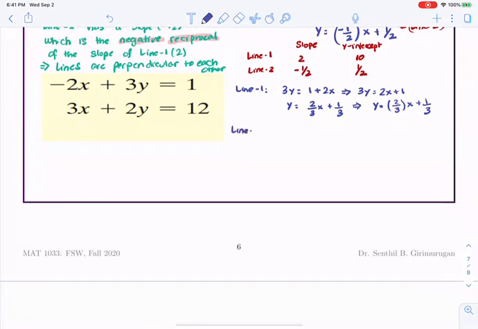Line 2, 2y, we keep that on one side, move 3x to the other side, which would give us negative 3x. So we have 12 minus 3x. So 2y would equal minus 3x plus 12. Divide by 2 on both sides. So y would be equal to minus 3 over 2 times x plus 12 over 2.